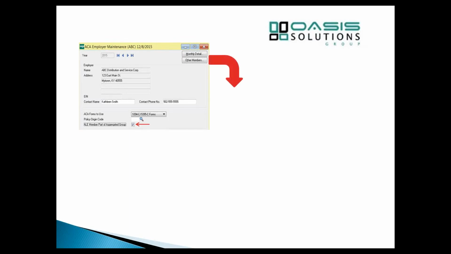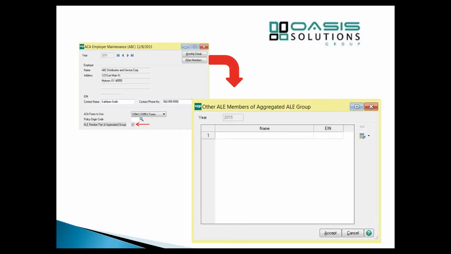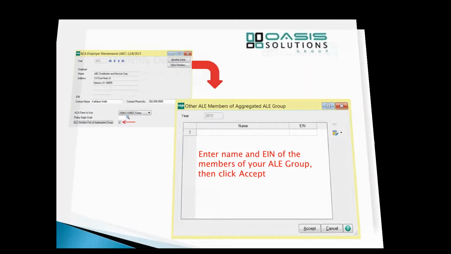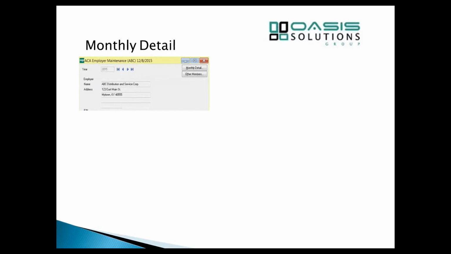The Other Members button then becomes enabled and will take you to the Other ALE Members of Aggregated ALE Group screen. From there you can enter the name of the other members of your group as well as their employer identification numbers, so that you can be considered collectively. Then you would click Accept and it would save that information.